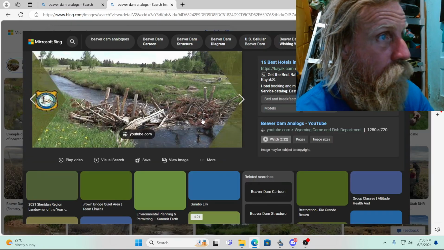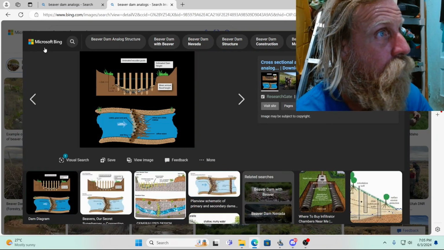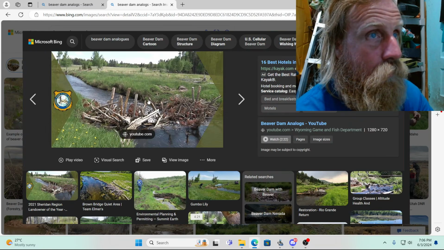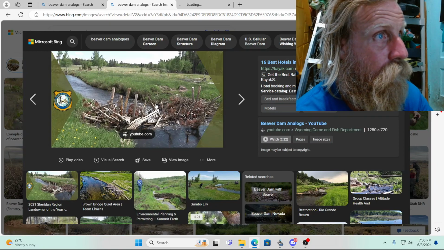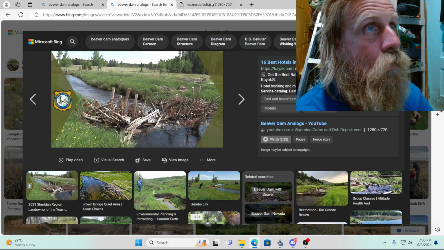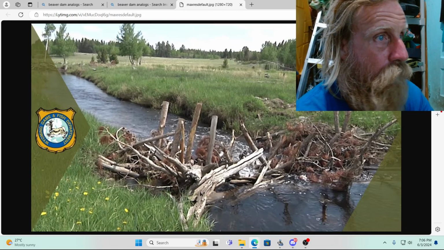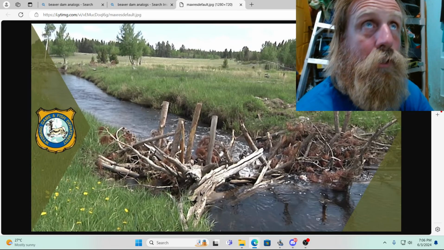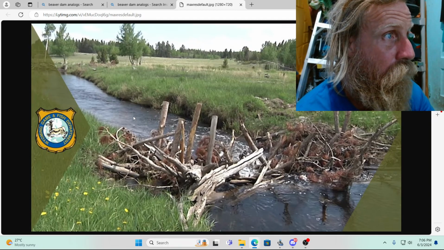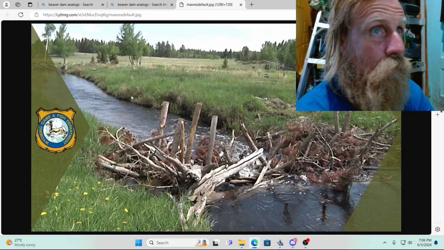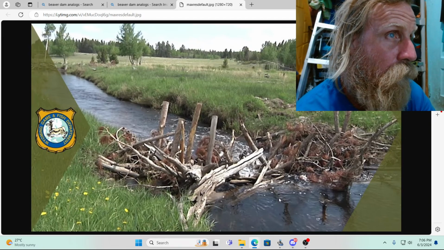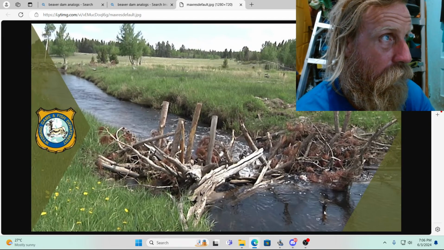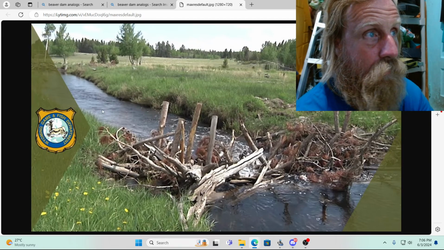So here we can see where the beaver makes the dam in a totally different place. Here we have a man-made stream. It's not a man-made stream, but it's certainly a regulated, human-impacted stream.